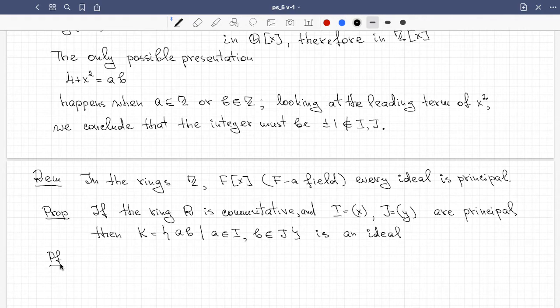You write any element A in I. What does it mean? Let me recall what it means. The ideal is principal. This means that I, as a set, is x times r for all r in the ring R. That is the definition of what a principal ideal is.